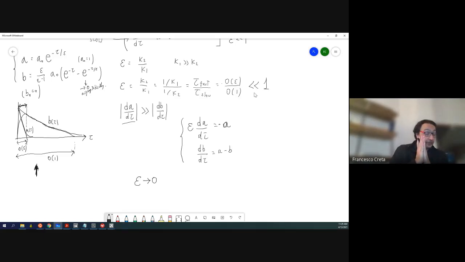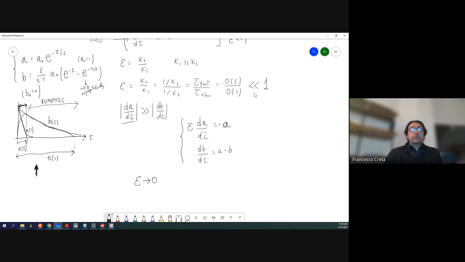It means essentially that I'm contracting the fast time scale to 0, so the fast time scale now becomes instantaneous, or infinitely fast. What we're doing here by shrinking this to 0 is that we're actually highlighting this behavior here, the slow one, the asymptotic behavior. So let's see what happens to our system.